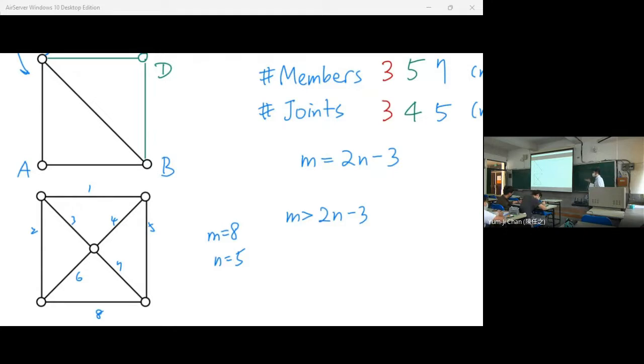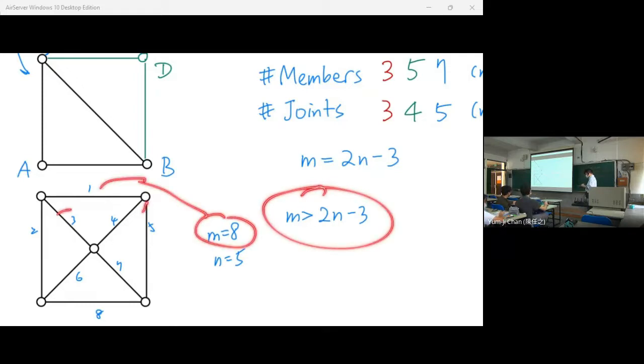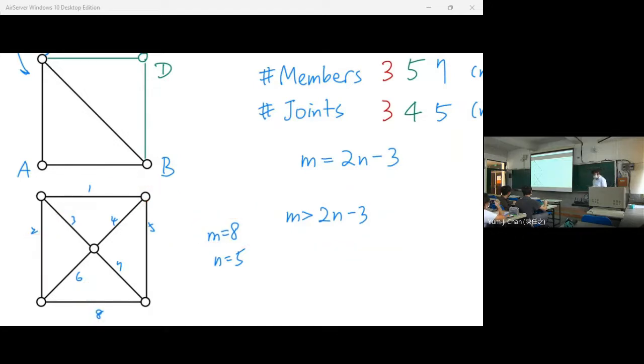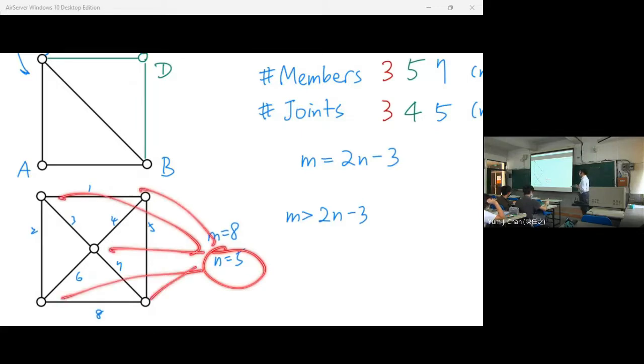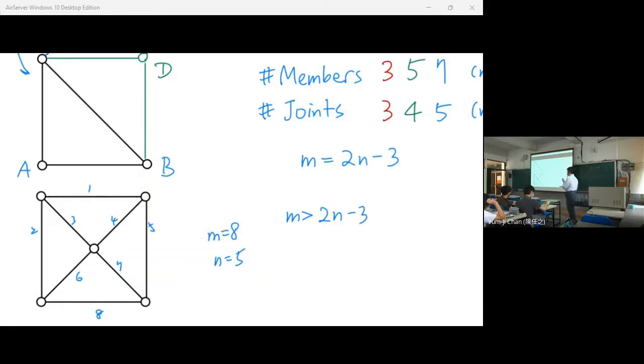Okay, can you get my meaning? We have 8 members here, 1, 2, 3, 4, 5, 6, 7, 8, and we have 5 joints, 1, 2, 3, 4, and 5. So in this case, M is larger than 2N minus 3.